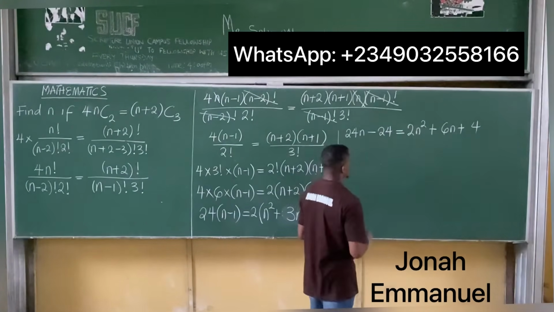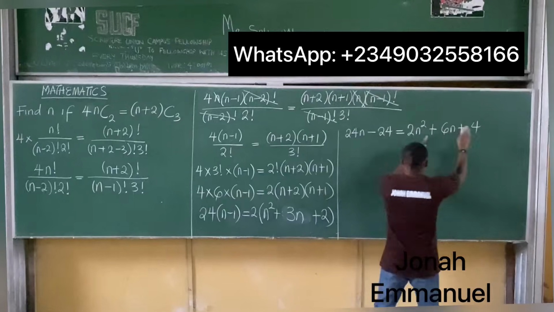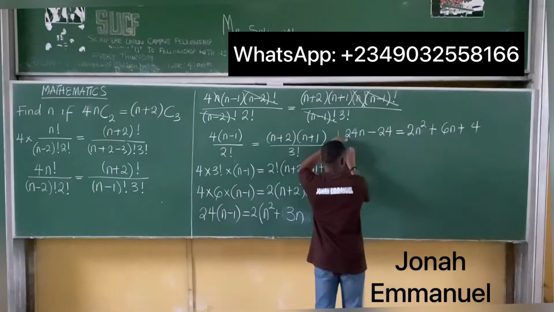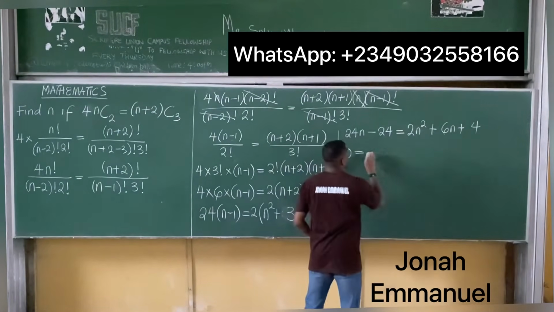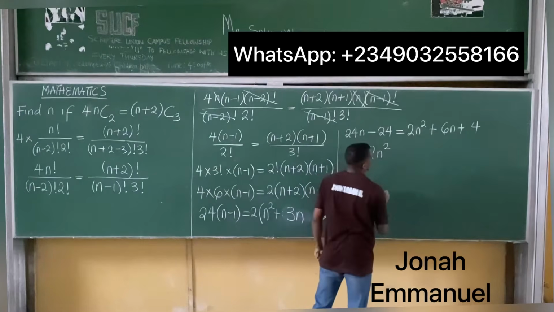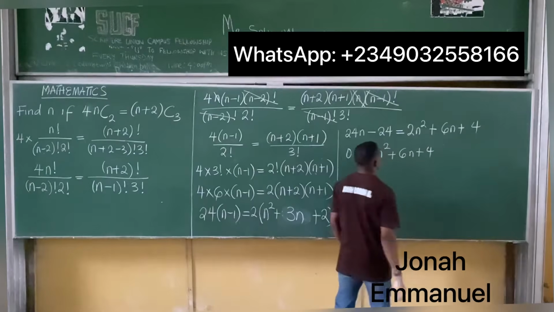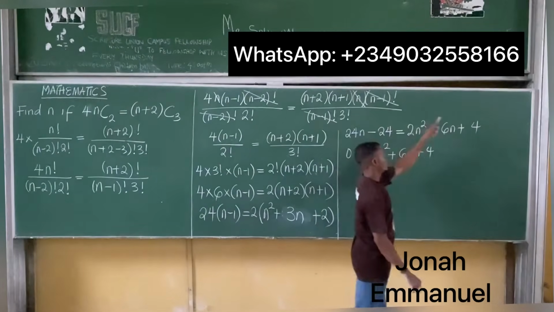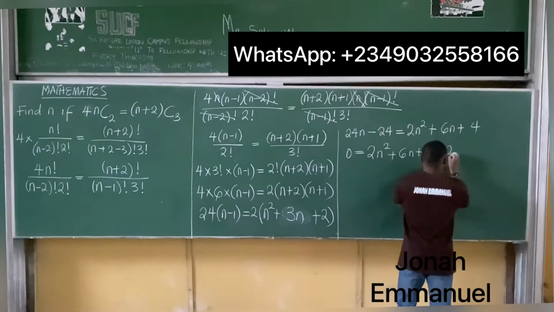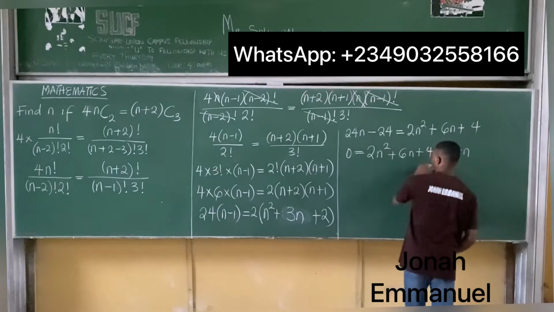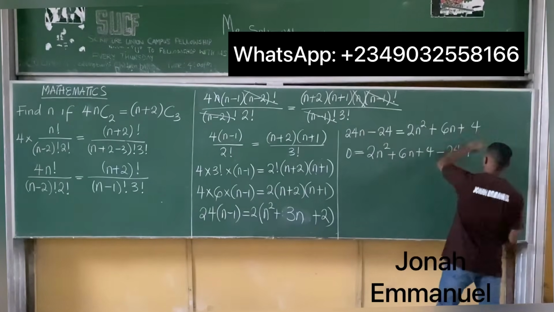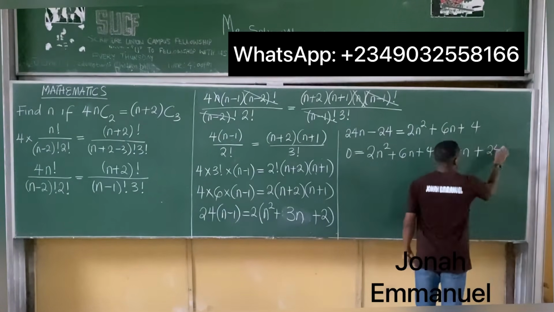All right. So simply move everything over here. This becomes 0 is equal to 2n squared plus 6n plus 4. This one comes over here, becomes minus 24n. Minus 24 comes over here, becomes plus 24.